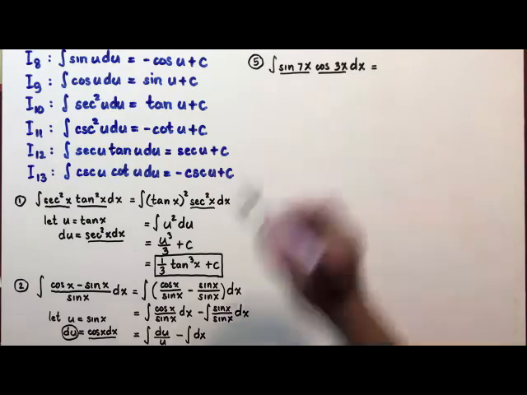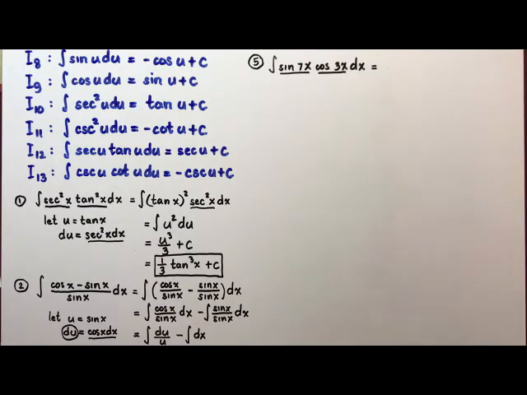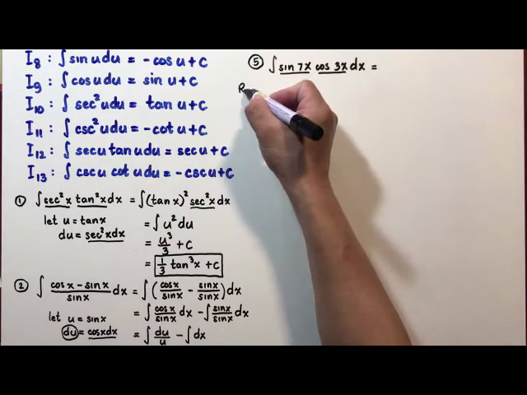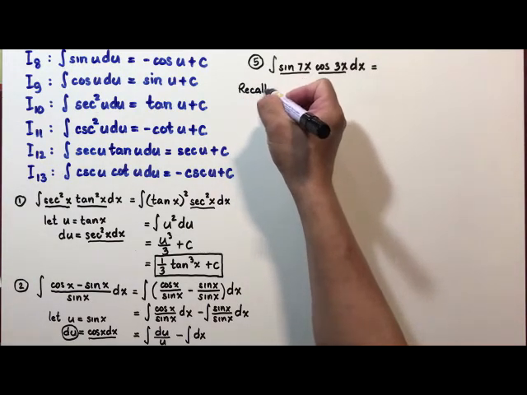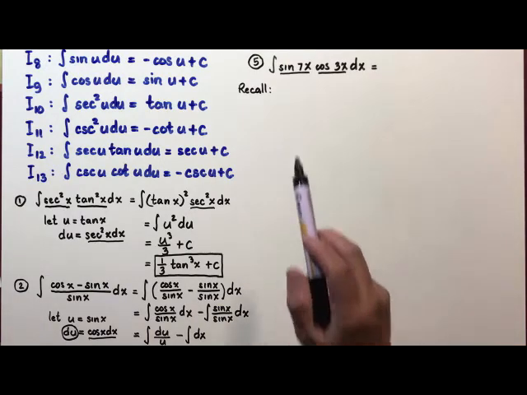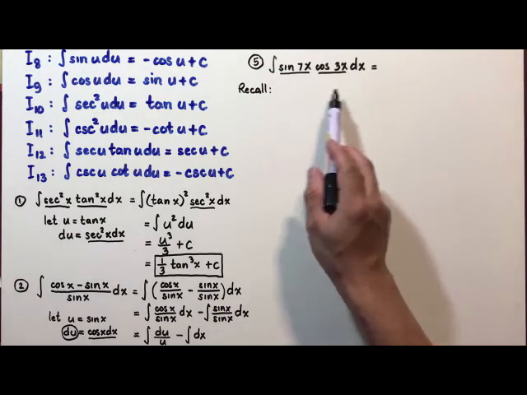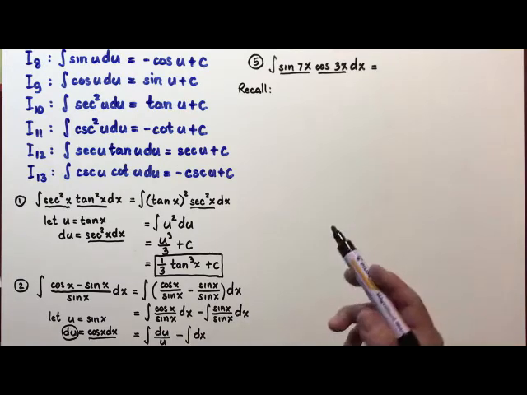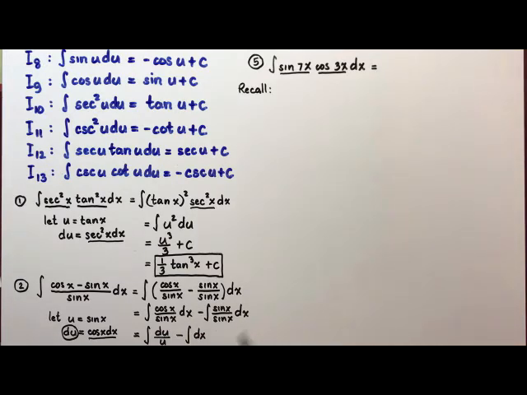They are not the same. So, one thing we can do here is to recall our identities that we learned from our trigonometry. An identity that would convert the product of 2 functions into a sum or difference of these 2 functions.